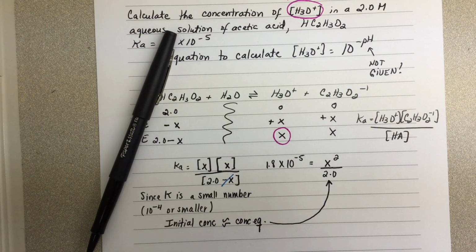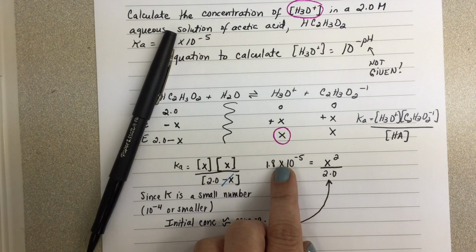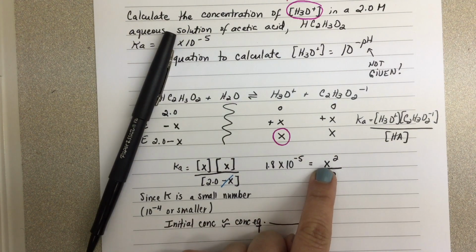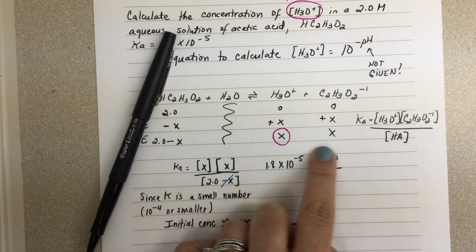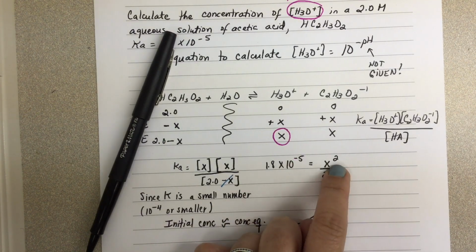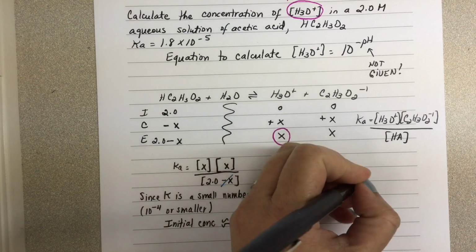1.8 times 10 to the minus 5 times 2, and now you want x, so you have to take the square root on both sides to get only x.